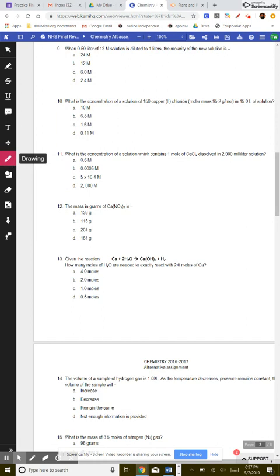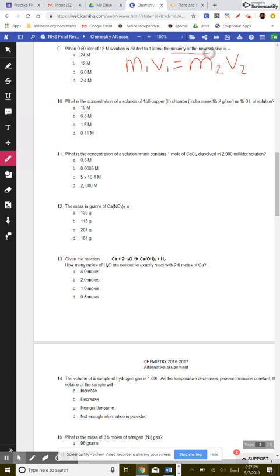When half a liter of a 12 molar solution is diluted into 1 liter, the molarity of the new solution is, that's this formula, M1 V1 equals M2 V2.